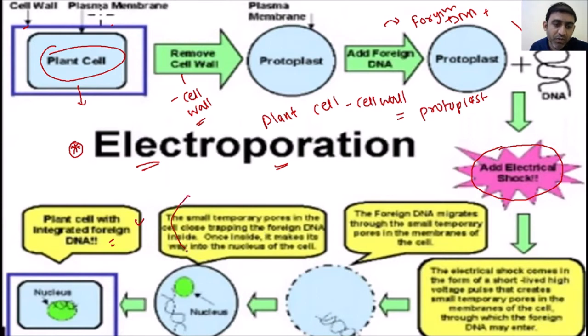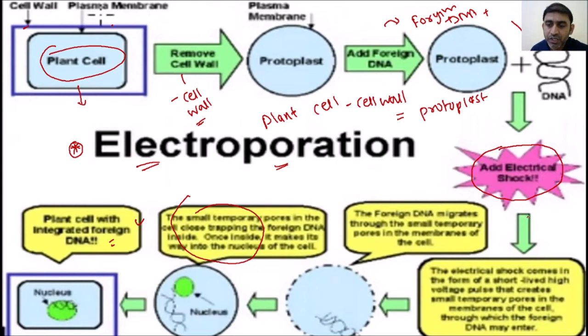These words are faint, so I am unable to read them, but you will understand what is going to happen. The plant cell is taken, its cell wall is removed to make a protoplast, and foreign DNA is added, or electroporation is used to make pores so that the foreign DNA can be introduced.